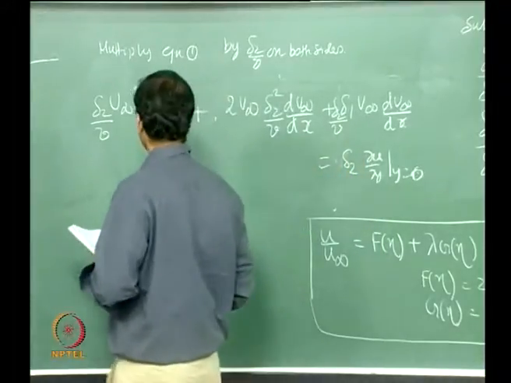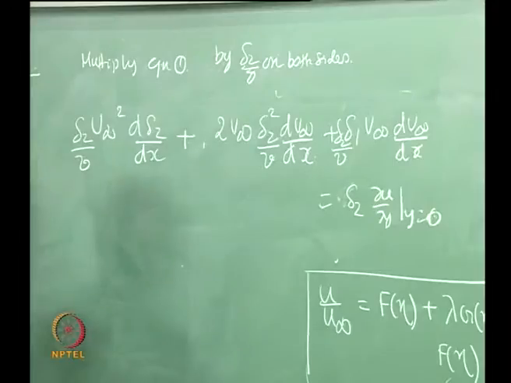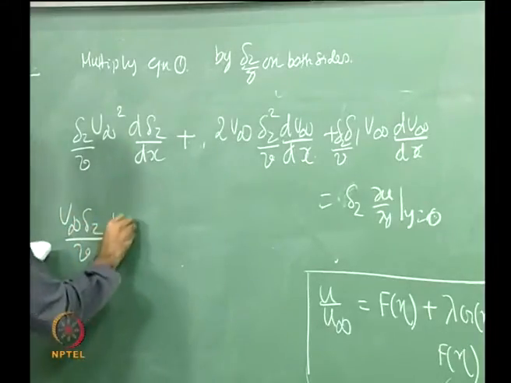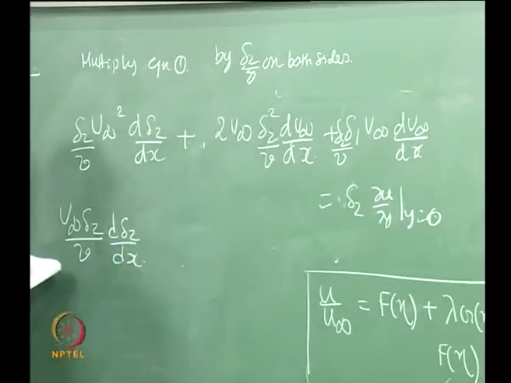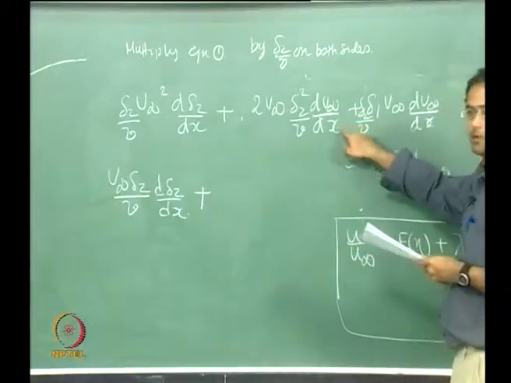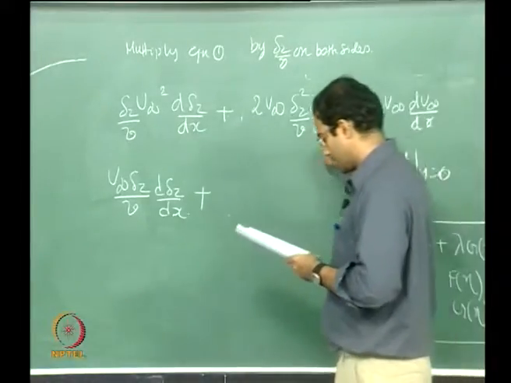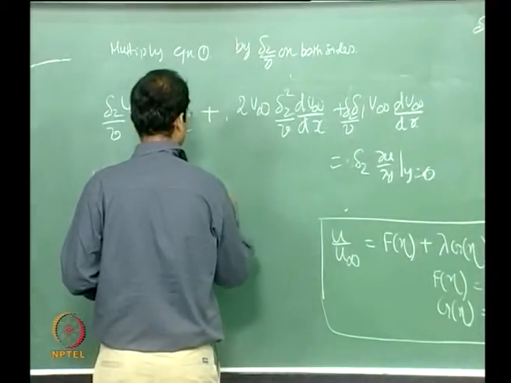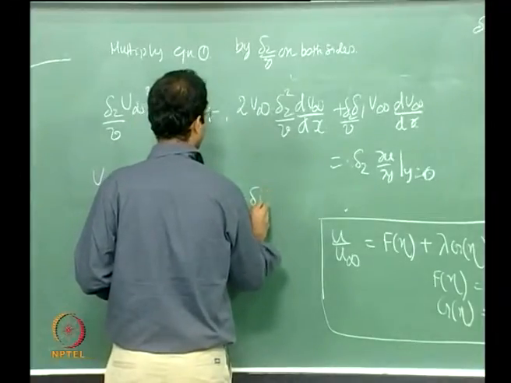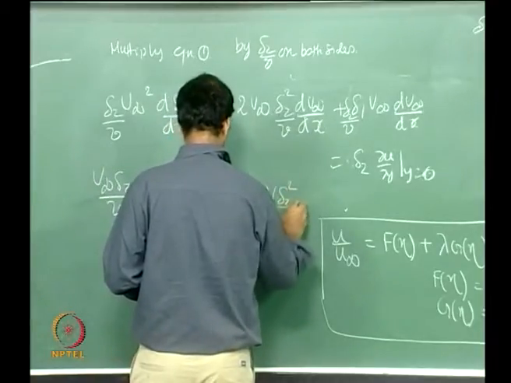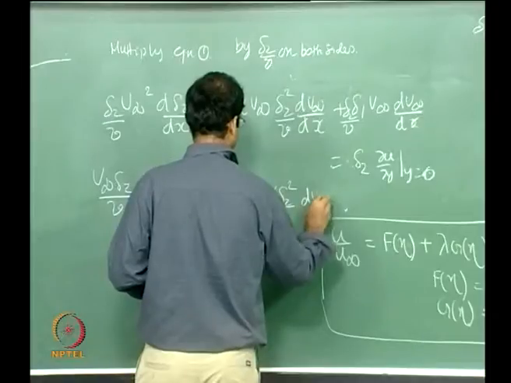Okay, now if you rearrange this, I am dividing throughout by u infinity. So the first term here will be u infinity delta 2 by nu into d delta 2 by dx, plus I can combine the second and third terms because du infinity by dx is common to both, and I can write this as 2 plus delta 1 by delta 2 into delta 2 square by nu into du infinity by dx.